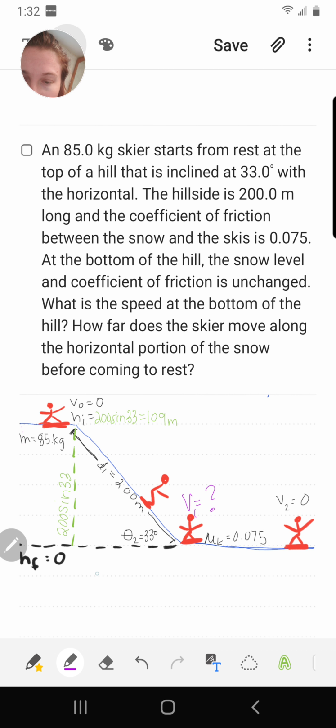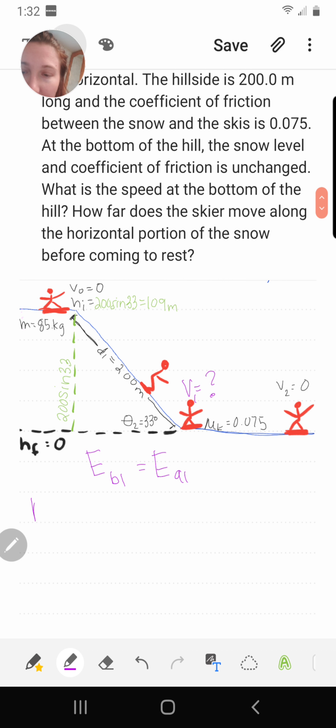So let's start out with the conservation of energy. So the energy before must equal the energy after. Well, what kind of energy are we dealing with? Well, there's the initial potential energy, the initial kinetic energy, and we've got the potential energy at the bottom of the hill, the kinetic energy.